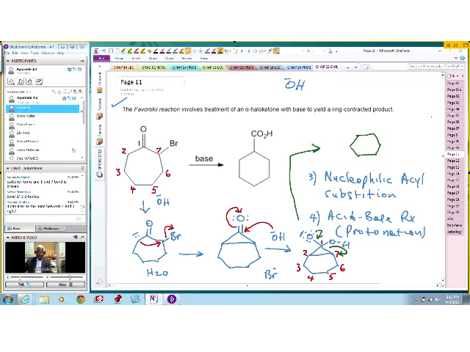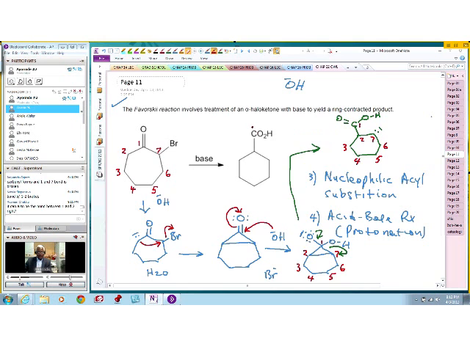So I now have this here, this here, this here. Let us number the carbons. This is our carbon number 1, carbon number 2, carbon number 3, carbon number 4, carbon number 5, carbon number 6, and carbon number 7.